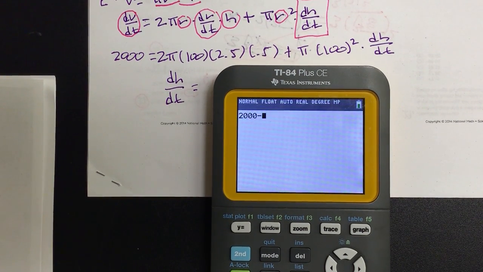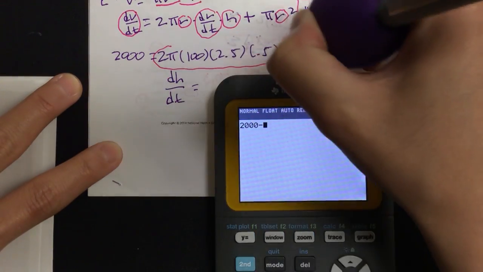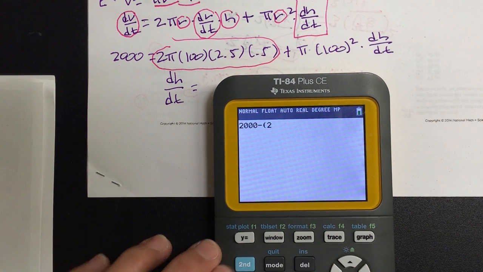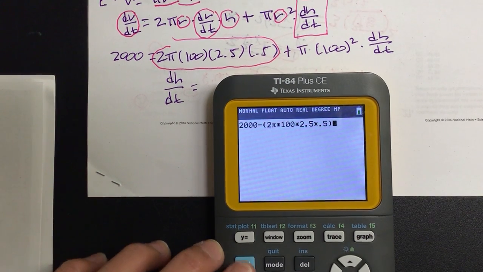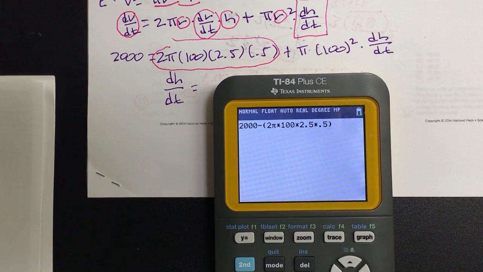And then we are going to subtract all of this guy right here. And I want to put that in parentheses because a calculator does not know order of operations. The calculator doesn't what? It doesn't do order of operations. Just goes left to right? It goes left to right, correct.